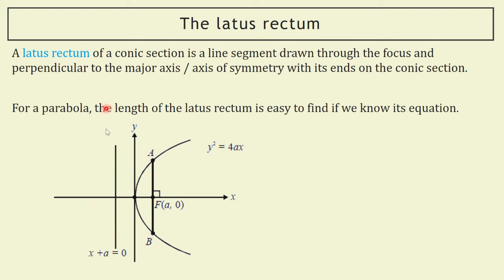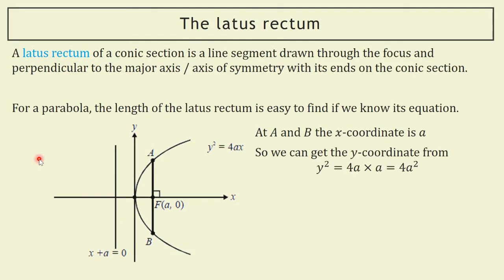Well, we can find this length from A to B actually quite easily. So let's have a look at how we might do that. At A and B, we know the x-coordinate is a. In both cases the x-coordinate is a because it's directly above the focus or directly below the focus. So we can now substitute that into y squared equals 4ax, and work out what the y-coordinate is.